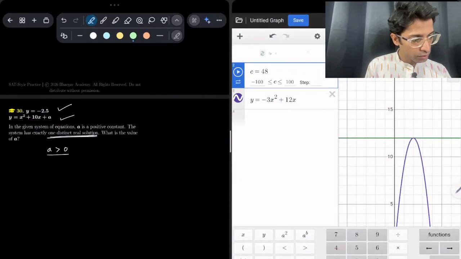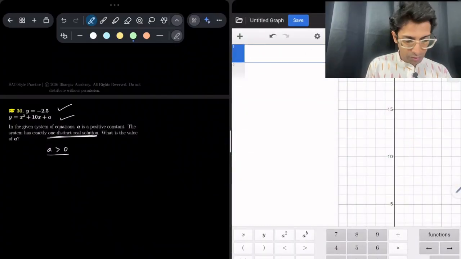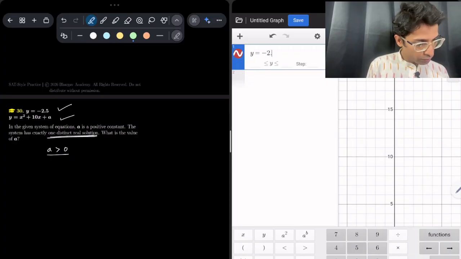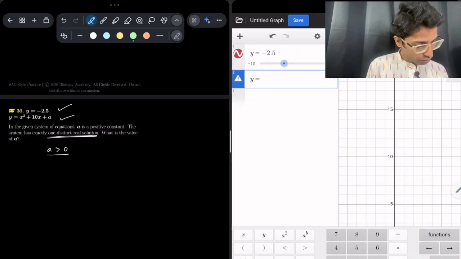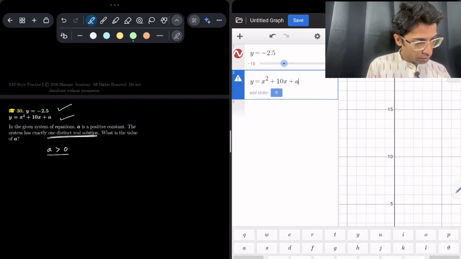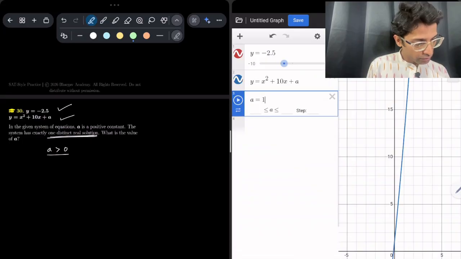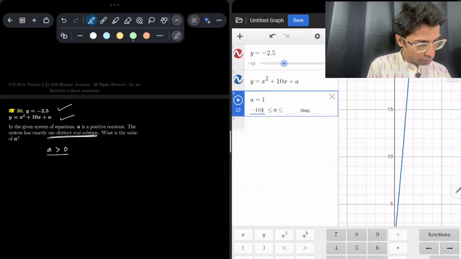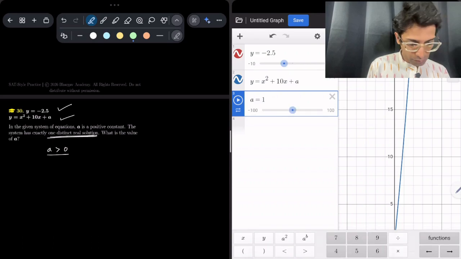Let me erase the past memories. y is equal to minus 2.5 and then we have y is equal to x square plus 10x plus a. Add slider. Take this from minus 100 to plus 100 just to be safe.